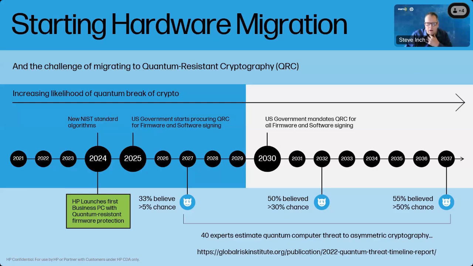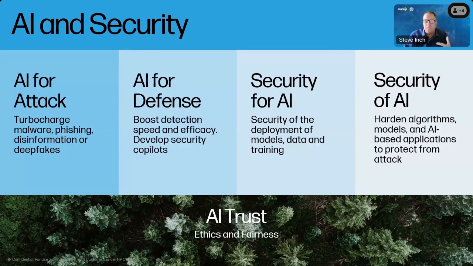So that's the quantum piece. The other piece at Marco and HP, we look at AI for security. Sometimes we say AI versus security. Well, the reality is that's not it. It's not AI versus security.